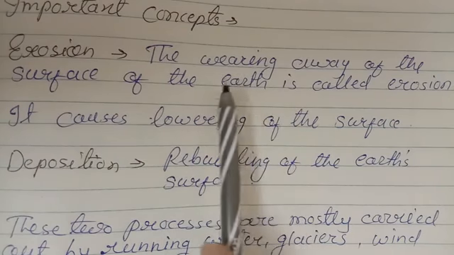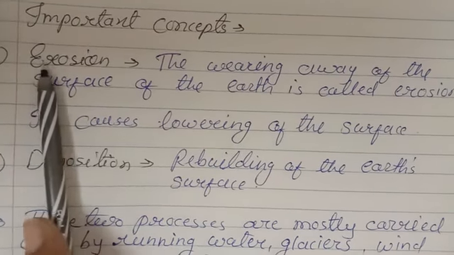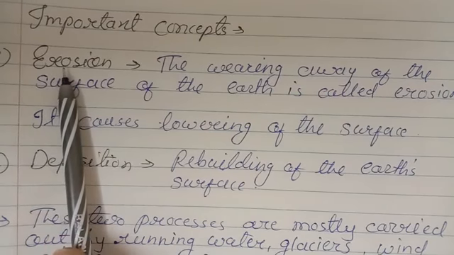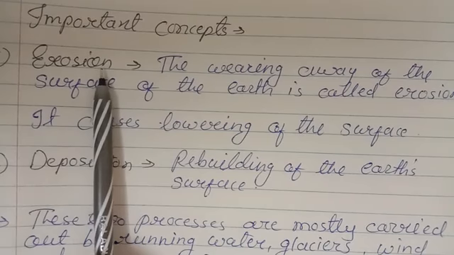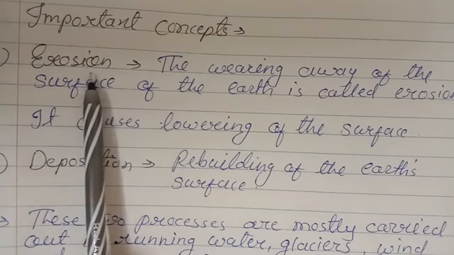Wear down means what? That it disappeared. So that is called erosion. That part or that rock is eroded by the force of the river, so that is called erosion.